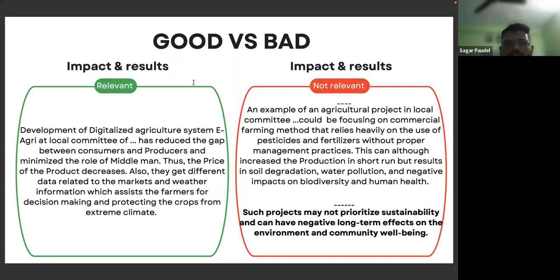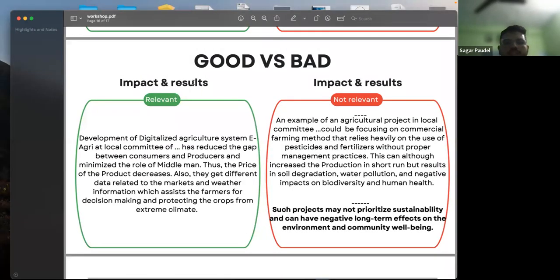Although it increases productivity, it may be harmful to environmental health and every perspective. So this is all about projects with good impact and bad impact. This is all about the project and the things we need to consider before designing it. If you have any questions regarding all those parts, I'm happy and ready to answer all those questions.